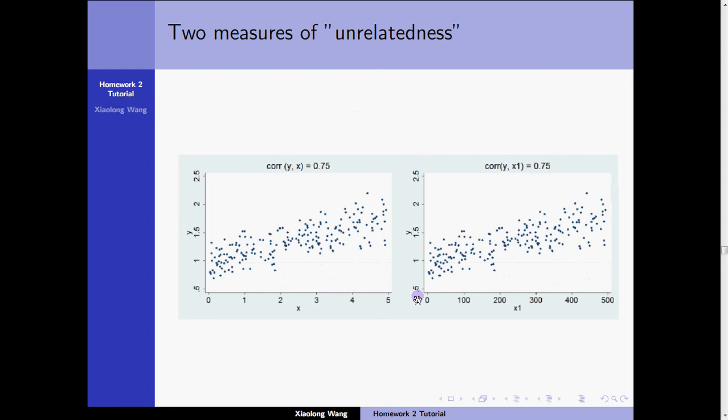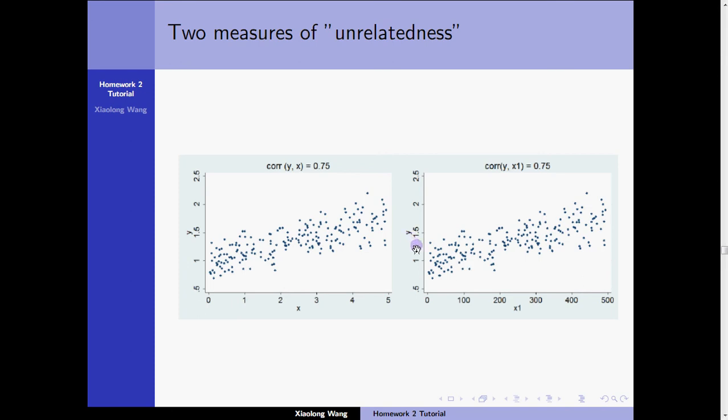We also have two same graphs, but here x and x1 are in different units of measurement, and we see that the correlation coefficients are the same. That's why we say the coefficient of correlation is unit free, because it gives us a consistent measurement of the correlation between x and y.